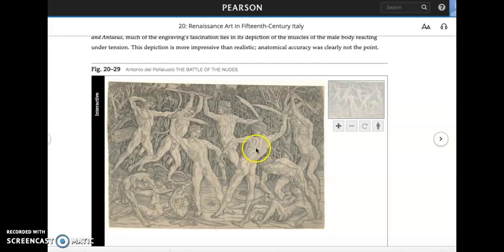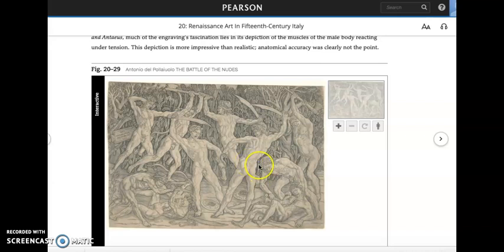Pollaiuolo is exaggerating musculature because he's interested in how the body works. He's starting to think anatomically in terms of the parts that make up the whole. Also, the point is that the human body, the male human body, is being celebrated and studied.